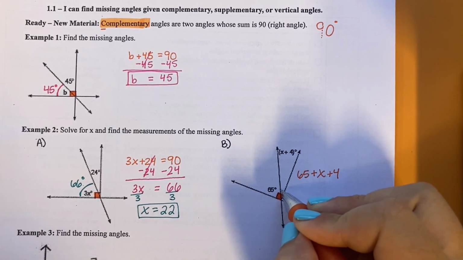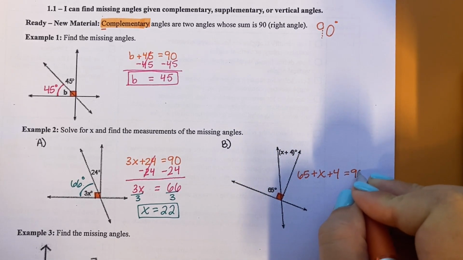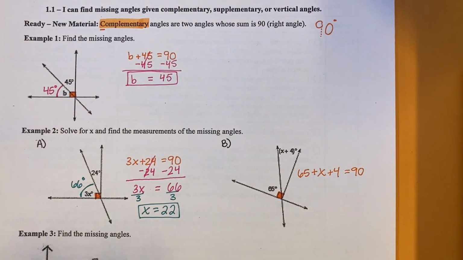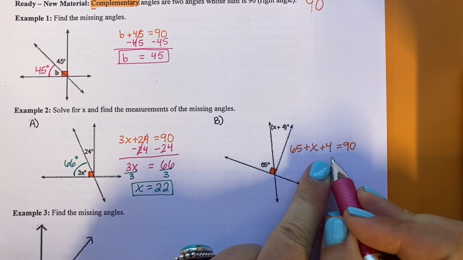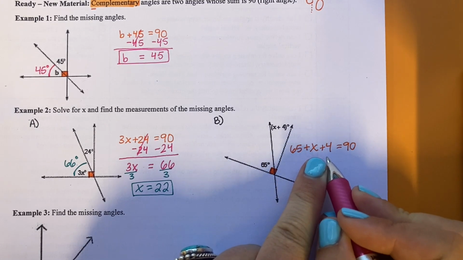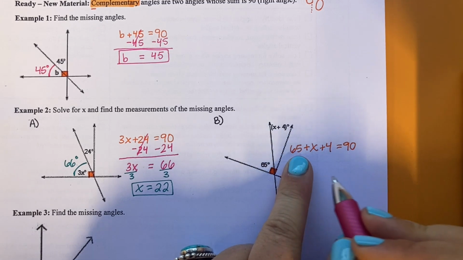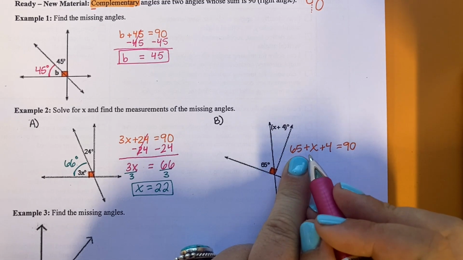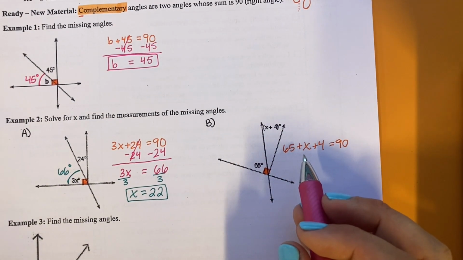With these two angles placed together, they make this 90 degree angle. You have a choice. You may combine the 65 and the 4 together on the same side because they're like terms, or you can move the 4 and then move the 65 to get x by itself. So there are multiple ways you can get x alone.